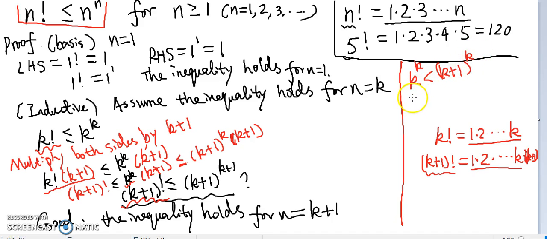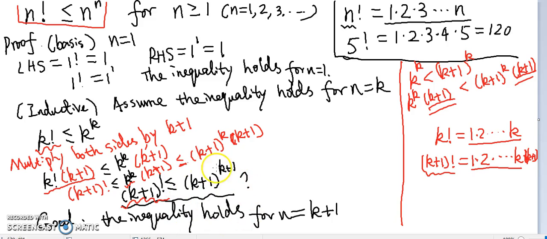And we can multiply both sides by k plus 1: we take this and multiply the left side by k plus 1, and the right-hand side we keep and multiply by the same thing, k plus 1. Again, it's the property of inequality. If you multiply both sides by a positive integer, it keeps the less than or greater than sign.